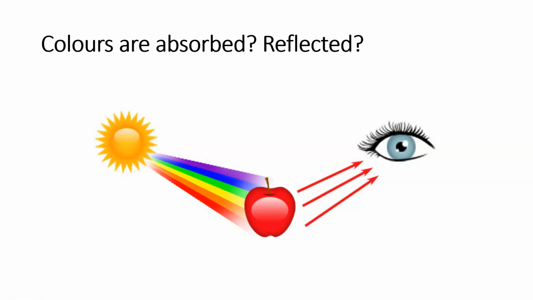Now, the reason for that is because only the red wavelength of light is reflected into our eyes. So when we look at it, we see red. However, every single other color of the rainbow is absorbed by the apple. So we don't see those colors. We only see red.